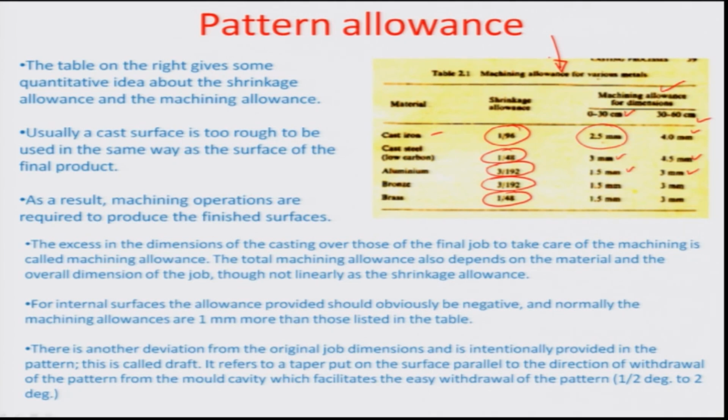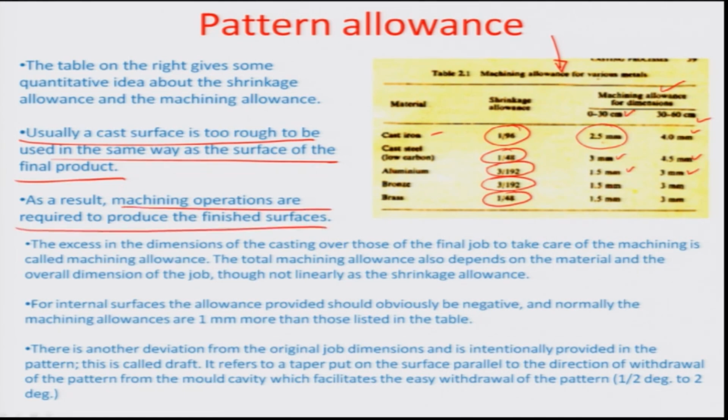Usually, a cast surface is too rough to be used in the same way as the surface of the final product. As a result, machining operations and surface finishing operations are needed. I have just mentioned it here. The other more important aspect I would like to consider is that apart from these 2 allowances, there is also something which needs to be provided to facilitate easy withdrawal of the pattern. It refers to some kind of taper, because obviously if the pattern is straight and has to be removed from a refractory wall, versus if the pattern is tapered, the tapered one gets removed quite easily.